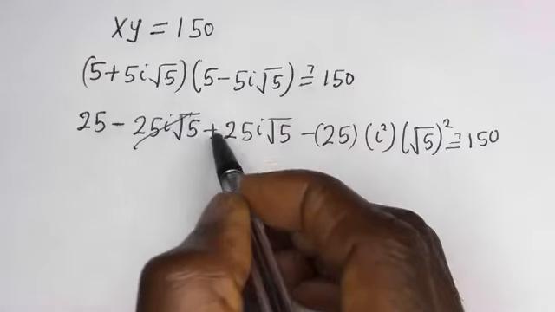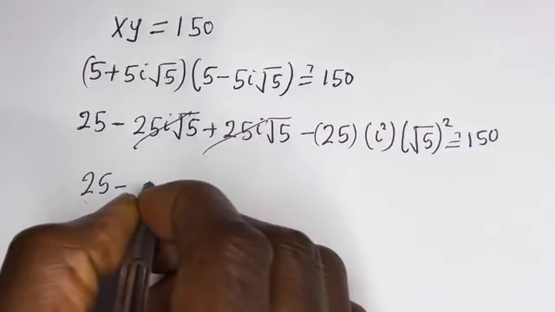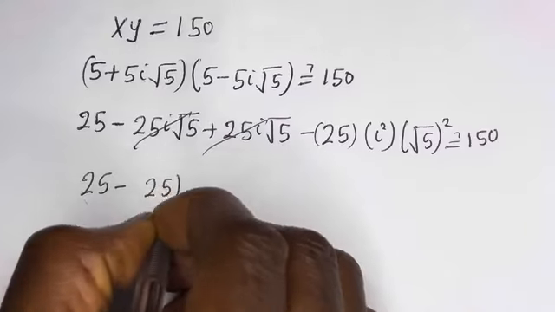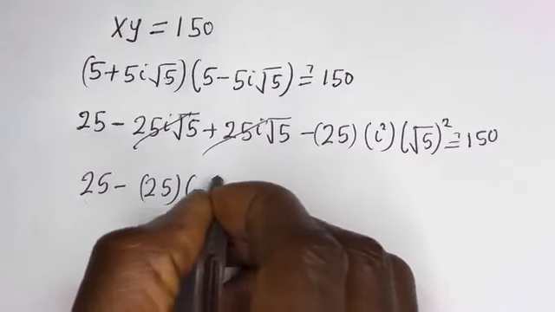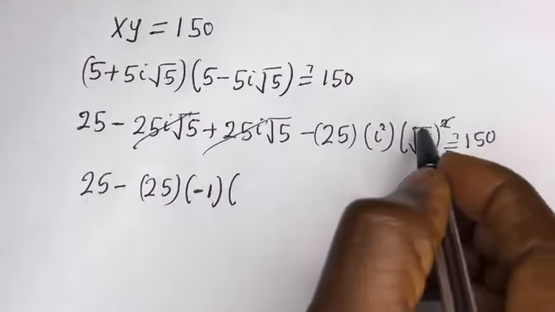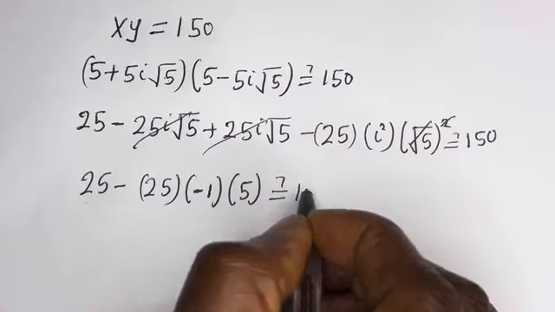From here, this cancels this. We have 25 minus 25 multiplied by i squared, which is minus 1, multiplied by root 5 squared, which is 5, must be equal to 150.